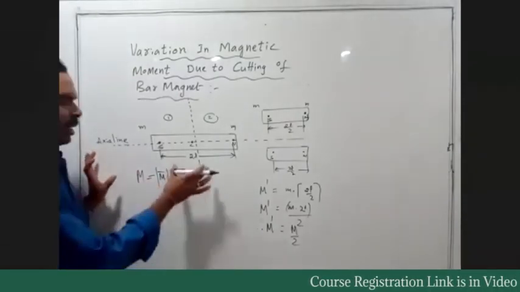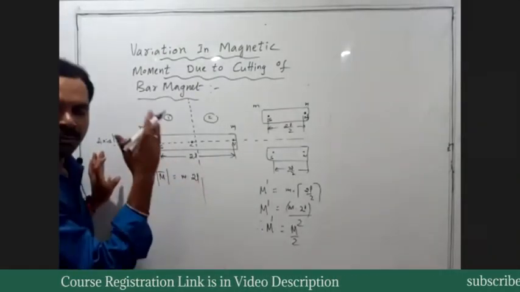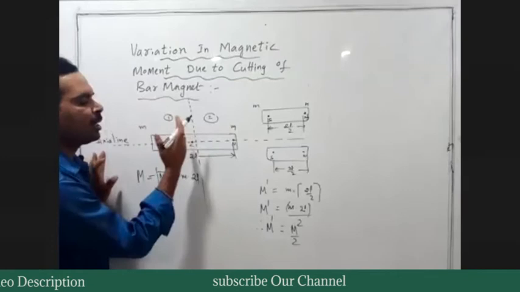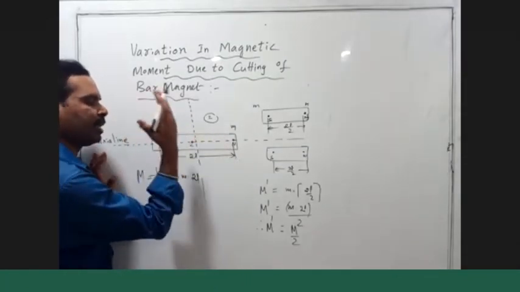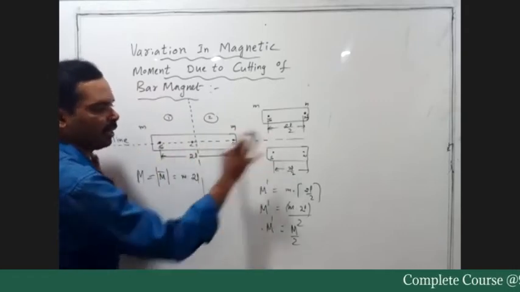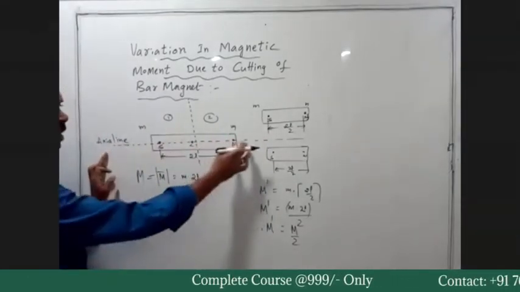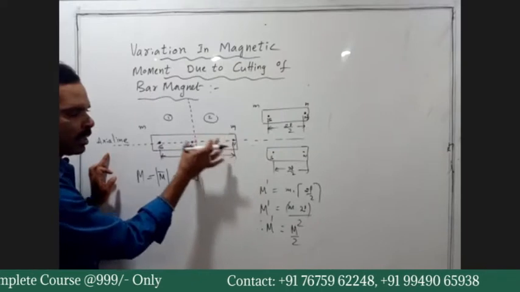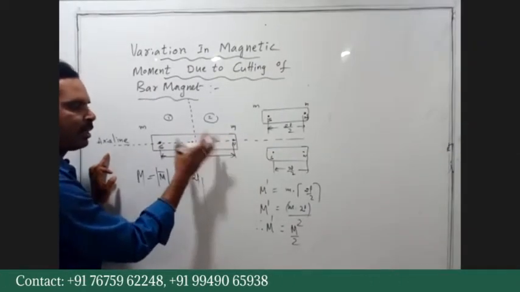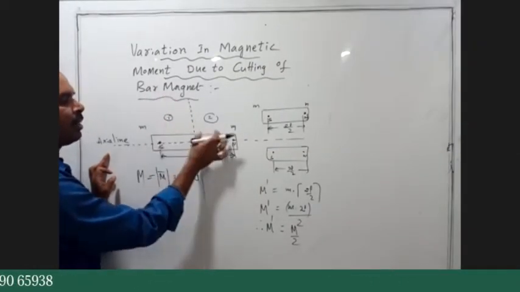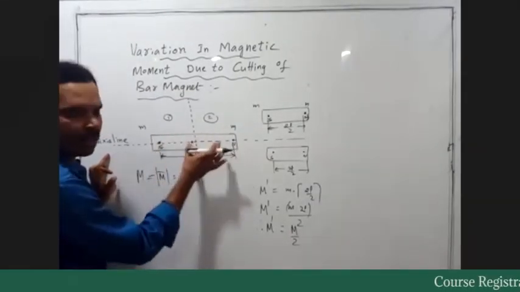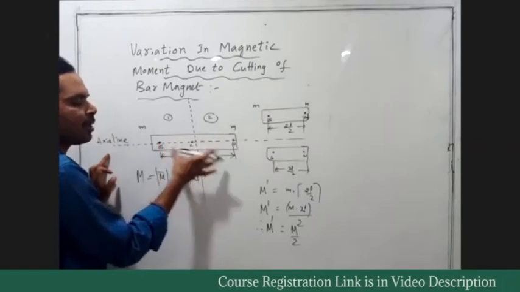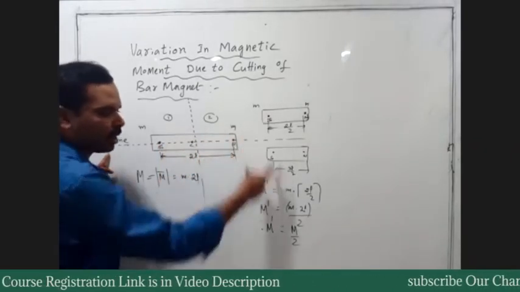So in this case, we cut the magnet into two equal parts in the perpendicular direction to the axial line. With respect to the axial line, we divide it into two equal parts of the same length, so each length is half of the total.